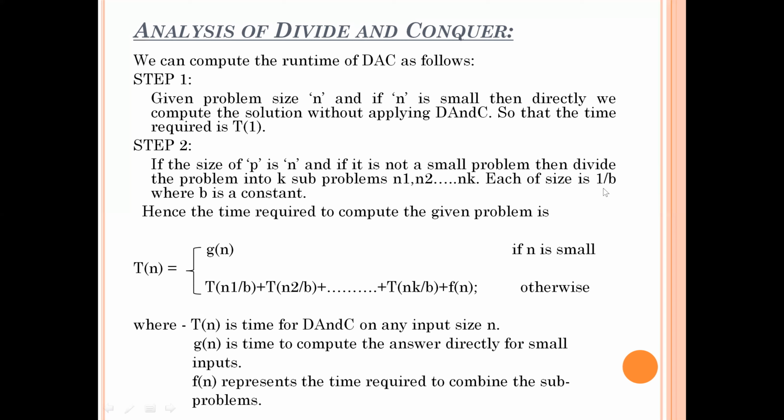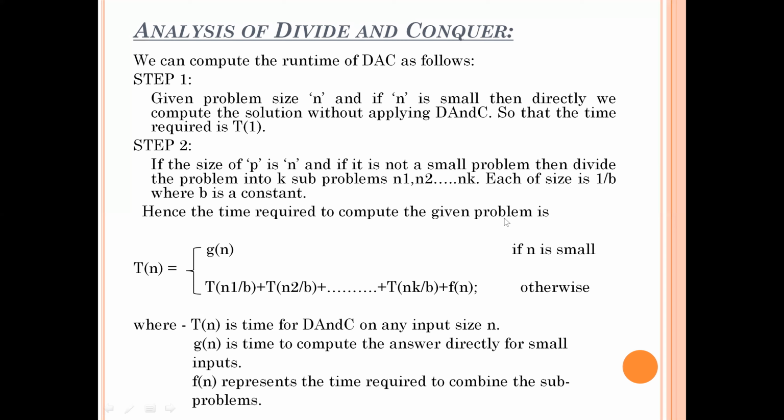Here the b value is 2, that is 1 by b. Suppose the list is divided into three parts, then we can say that b is 3, like that.